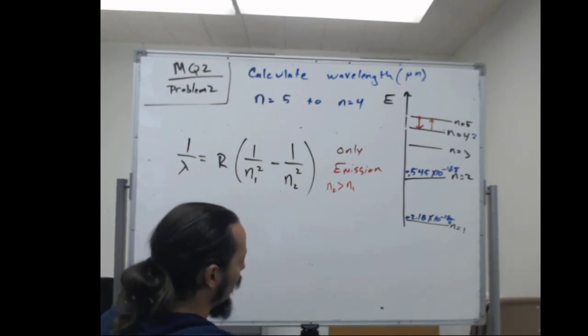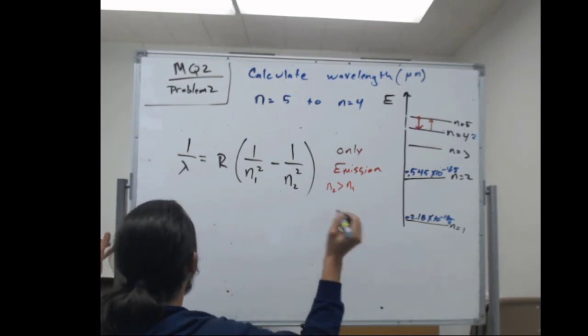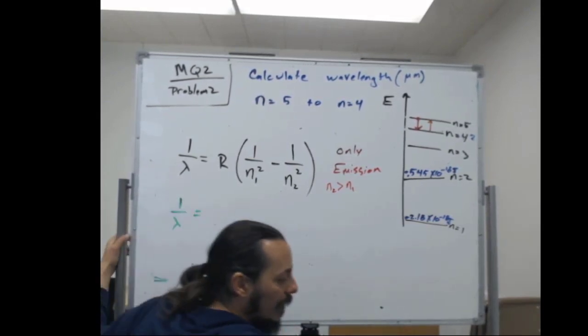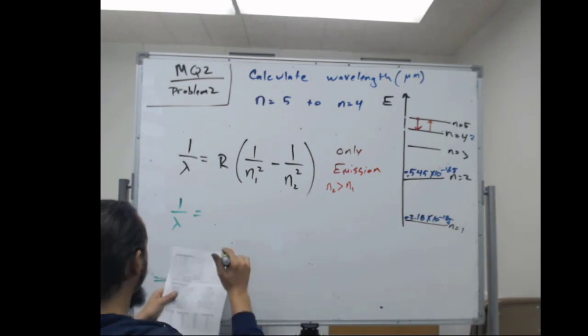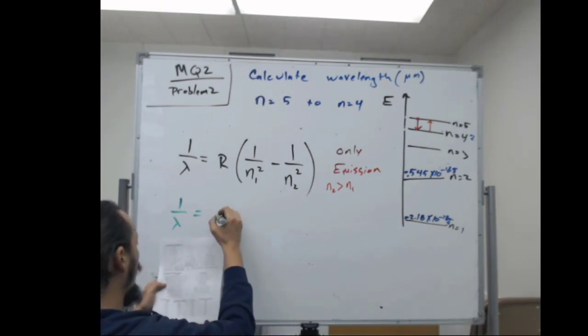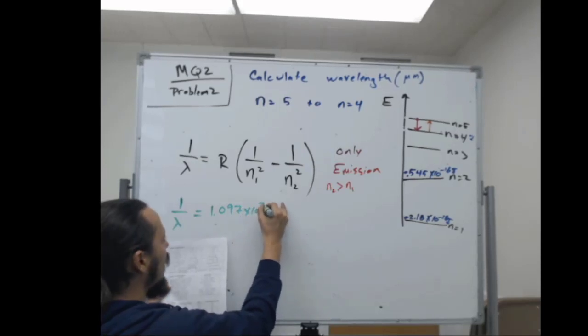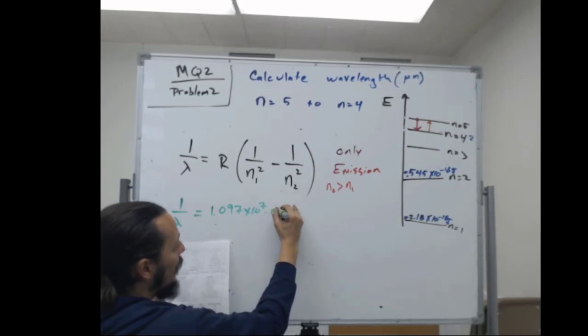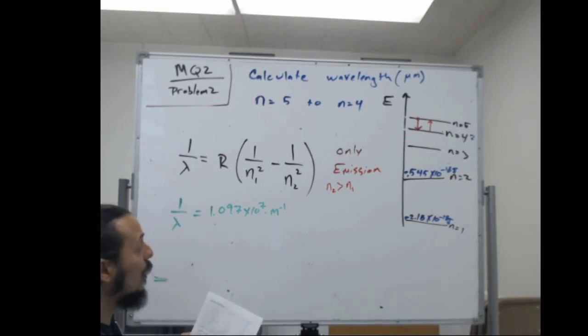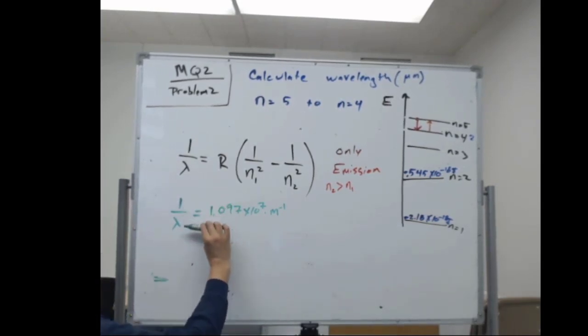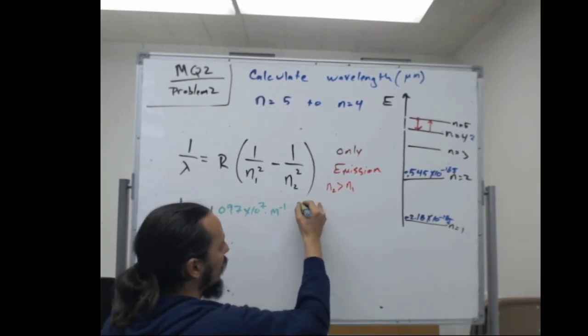So if we go ahead and solve this, we can say 1 over lambda is equal to the different Rydberg constant, 1.097 times 10 to the 7. You'll notice it has units of inverse meters, 1 over meters, which makes sense because we're looking at something in terms of 1 over wavelength.